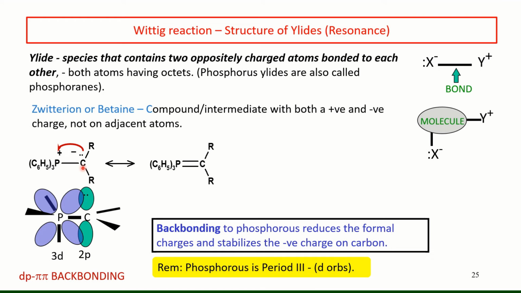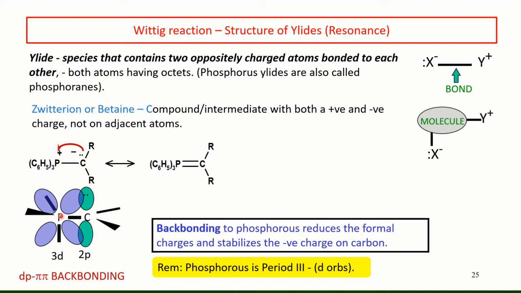This ylide is stabilized by what we call dp pi bonding, so the d orbital is overlapping with a p orbital, on the plane. It's pi back bonding. Why?